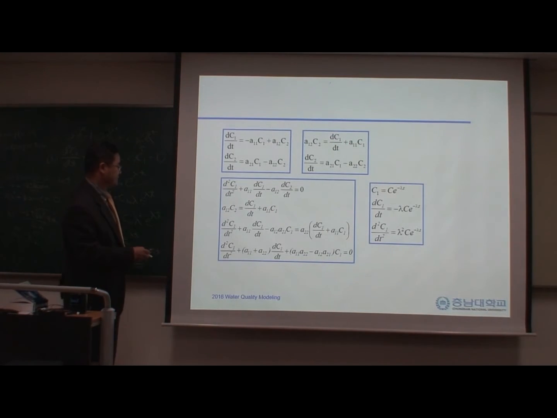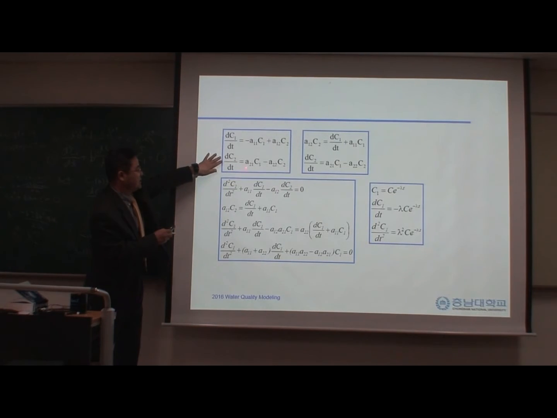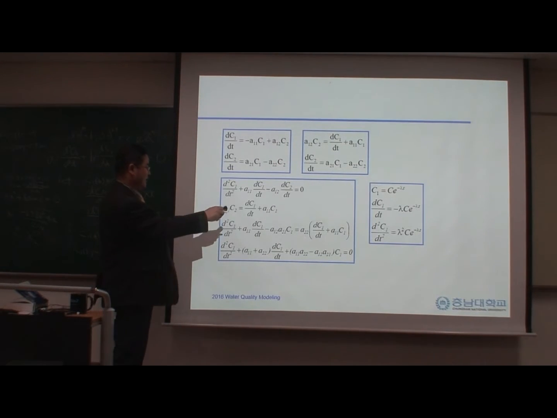And then this C2, d2, dt is in here, this second equation. This C2, dt is this one, and then I want to put this one. It's a little bit confusing to me as well. Okay, and then this one is here.